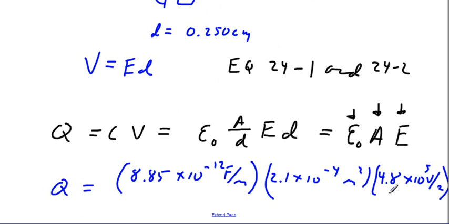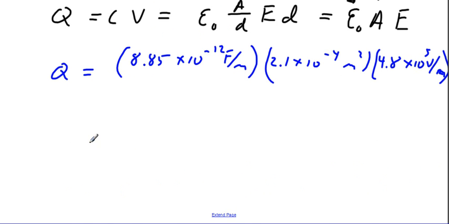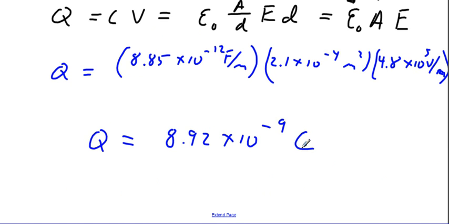We end up with the charge on the capacitor having to be 8.92 times 10 to the minus 9th coulombs in order to have the electric field that I desire.